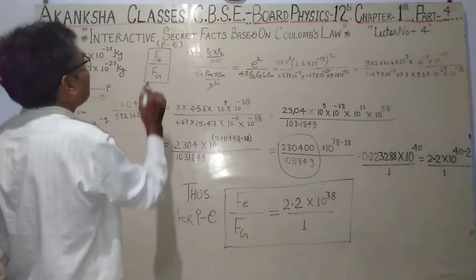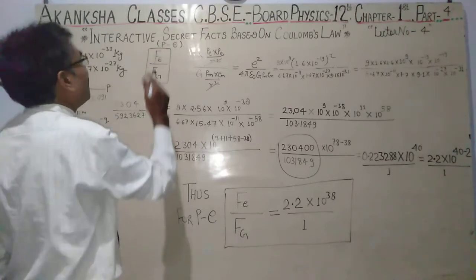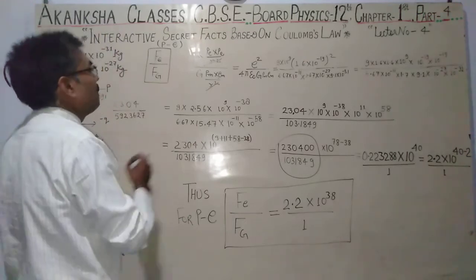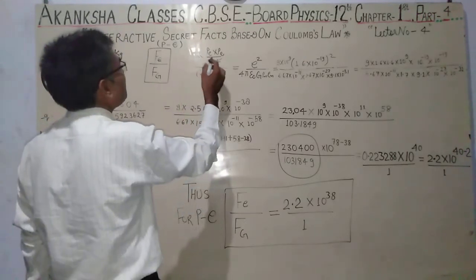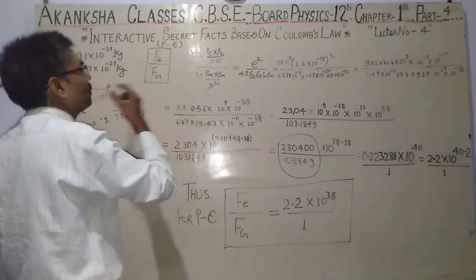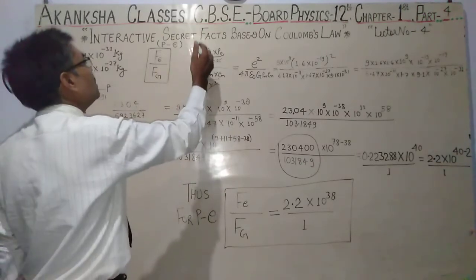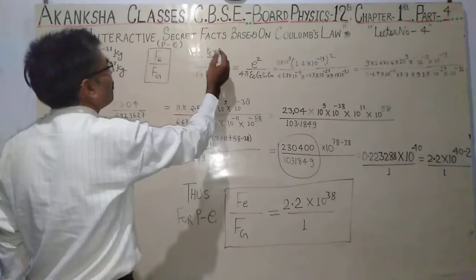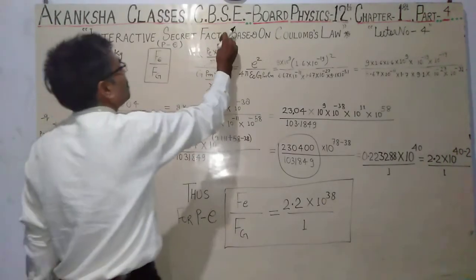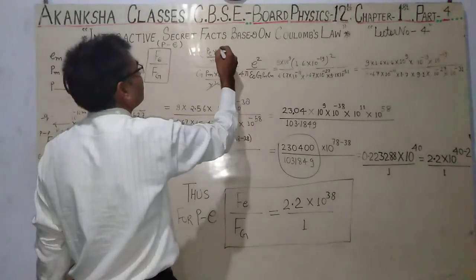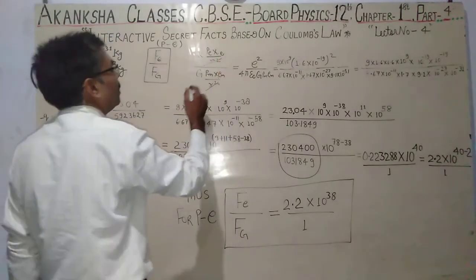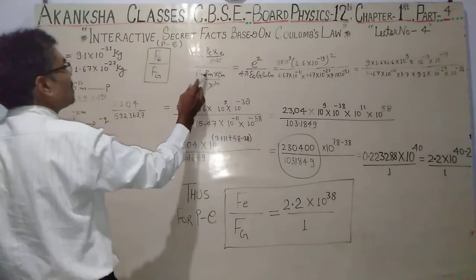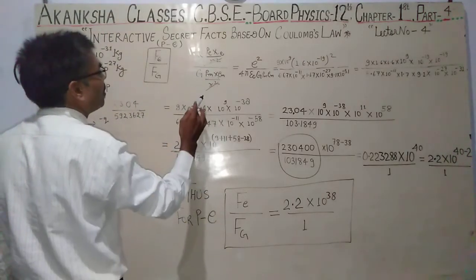This is the gravitational force between the same particles with the same separation. We can express the two forces as K, charge on proton into charge on electron, upon capital G into mass of one proton into mass of one electron, by r square.